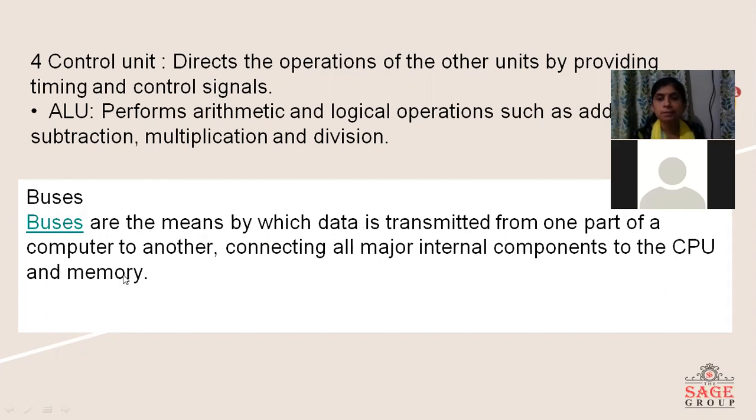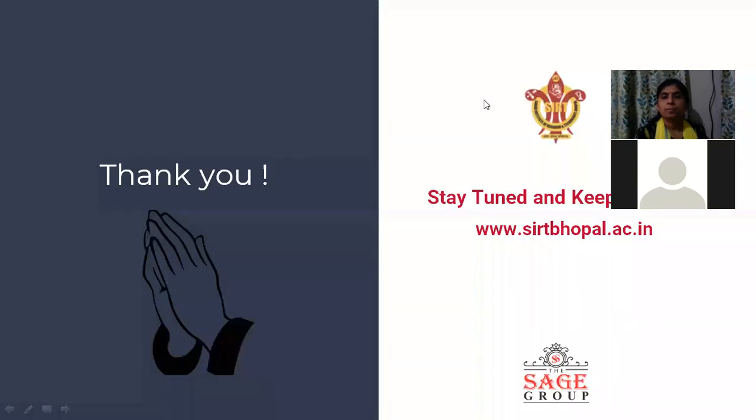We will discuss this in detail in the next lecture under the heading system buses. So this is all about the von Neumann model and its different devices, and we have discussed the different functions of these devices. Okay, thank you.